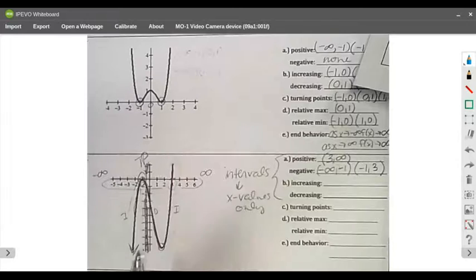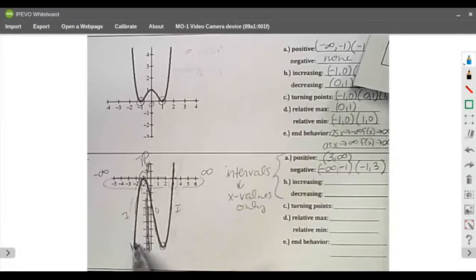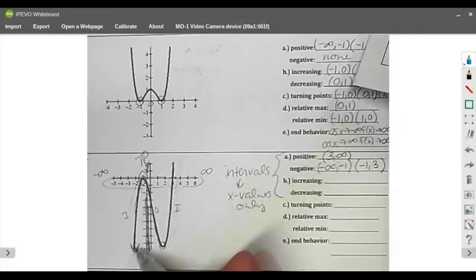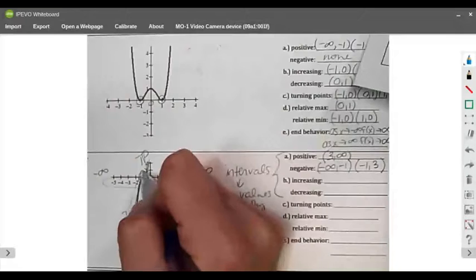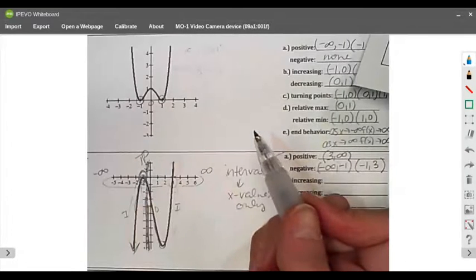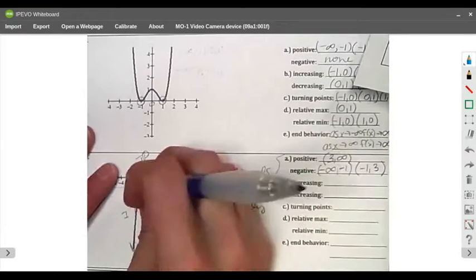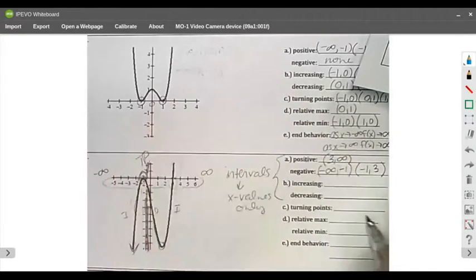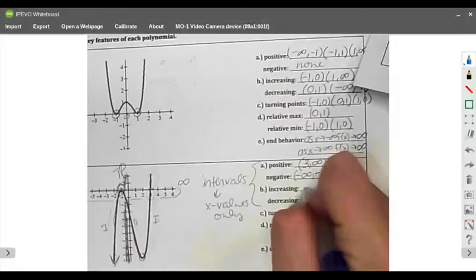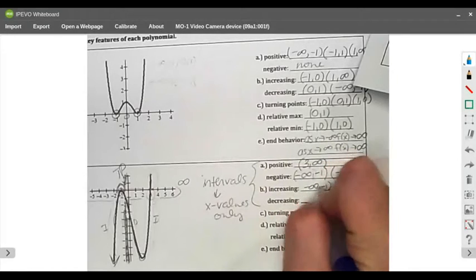So it started increasing on the left from negative infinity, right? So if this picture, this is going to keep going on forever. So from negative infinity, and then it stopped increasing here at negative 1. I know I wrote all over this, but that's negative 1. So we're going to say from negative infinity to negative 1, it was increasing.